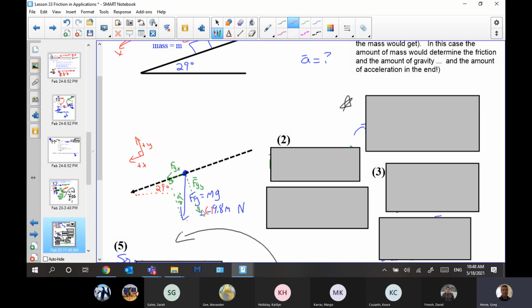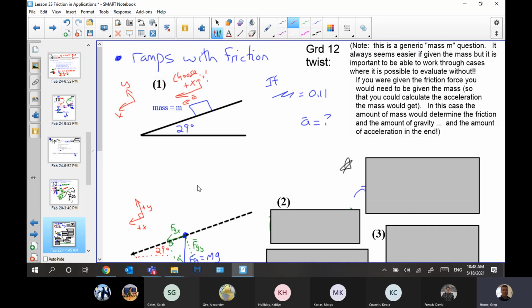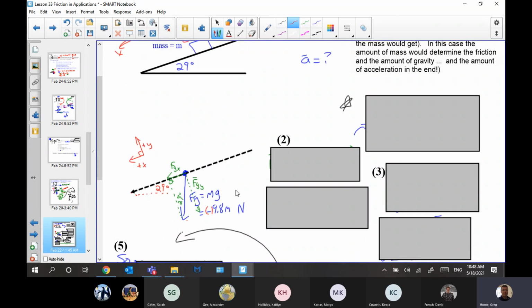So far, we've got the idea that we've got these components of the gravity force. We've got the angle of the ramp listed. So that's pretty much all we know. If the thing is accelerating down, I suppose we could put a friction force on here as well, of some sort. So there's going to be an FF on here as well.